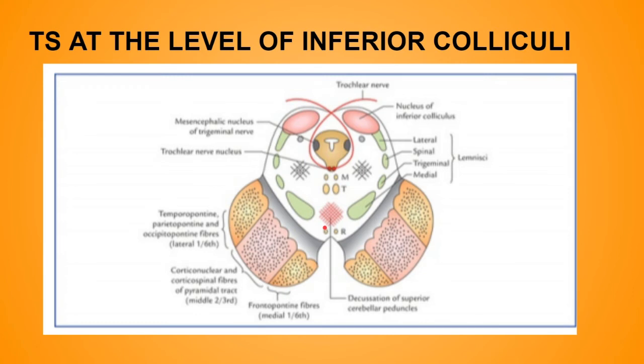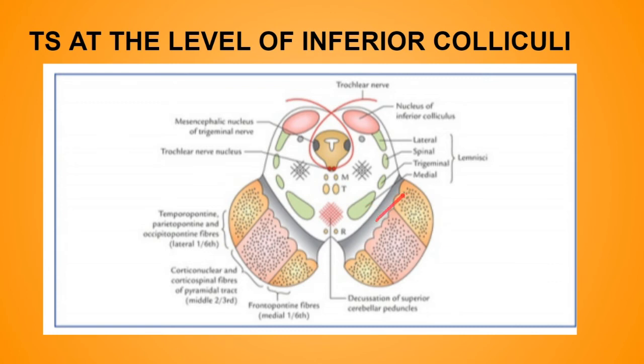Now the white matter contains, as you can see, the decussation of the superior cerebellar peduncles. This occupies the central part of the tegmentum and forms the most important feature in the lower part of the midbrain. Now these are the lemnisci. The lemnisci are arranged in the form of a curved compact band of white fibers in the ventrolateral part of the tegmentum, lateral to the cerebellar decussation and dorsal to the substantia nigra.